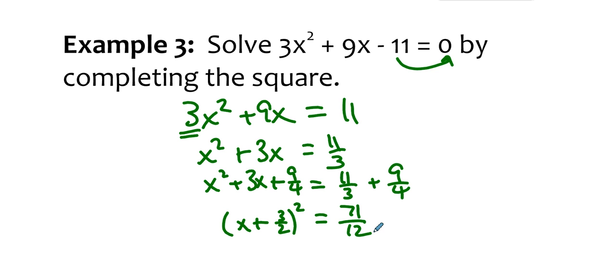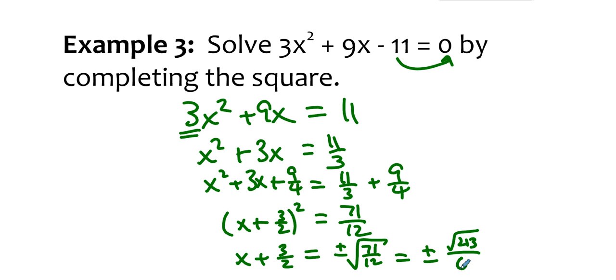So then there are 2 roots. How do we find the 2 roots? Well, x plus 3 halves is plus or minus the square root of 71/12, which algebra 2 teaches me is the square root of 213/6. So what's x?